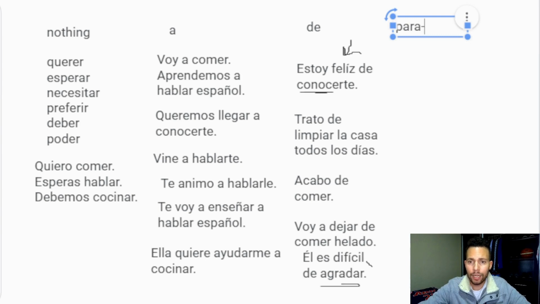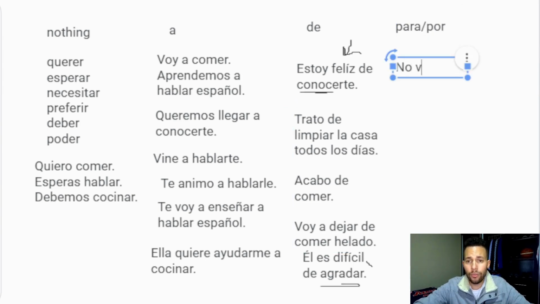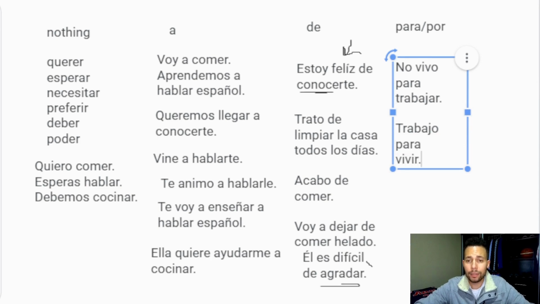Para. This is kind of like the para slash por column. No vivo para trabajar. Maybe trabajo para vivir. And then we could do something like me esfuerzo por aprender español.